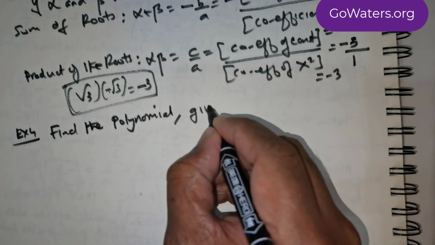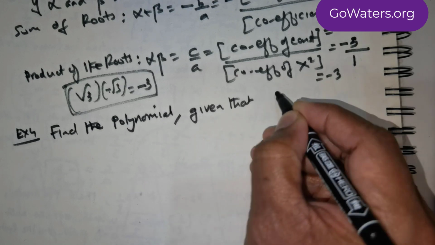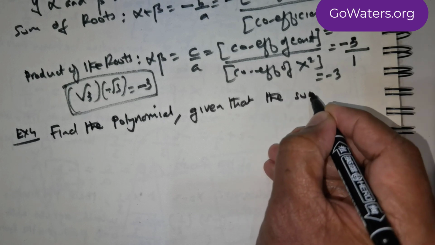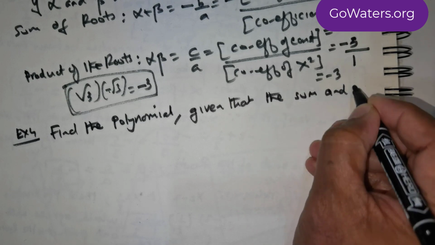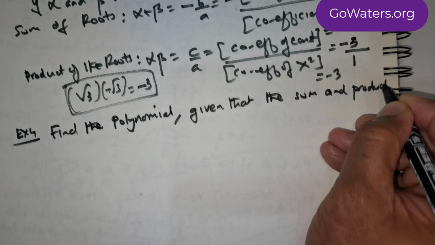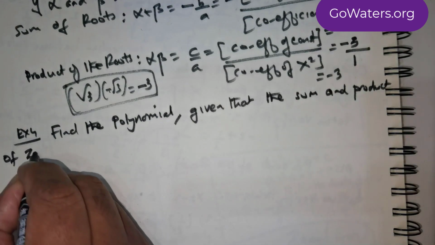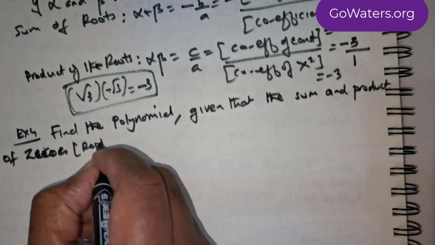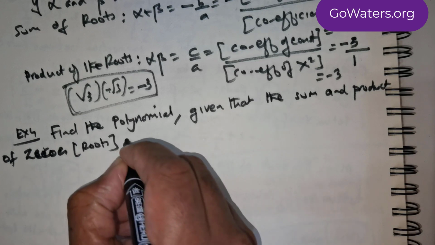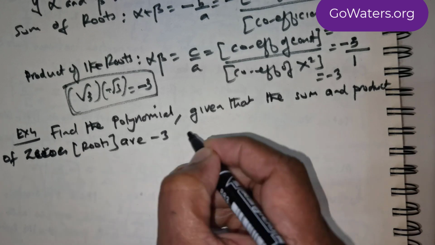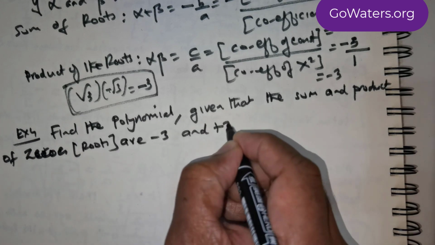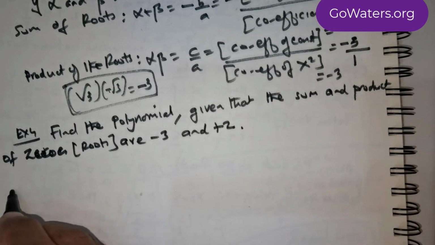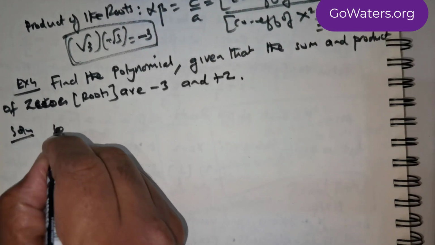Given that the sum and product of zeros, which will also be mentioned as roots, are negative 3 and positive 2. So solution set, I'm going to start the solution in this following fashion.